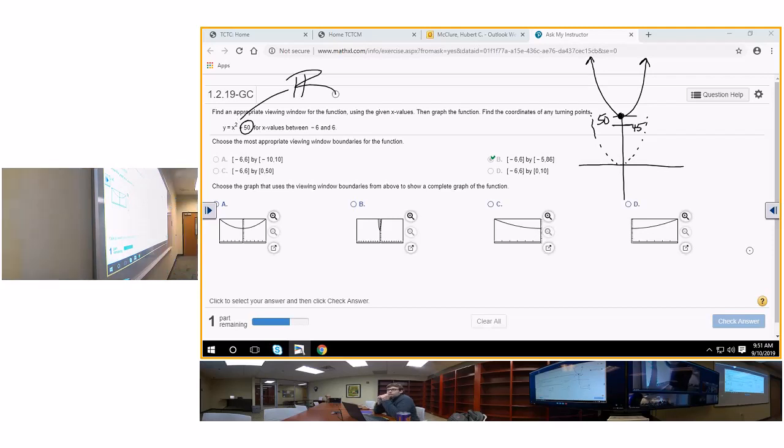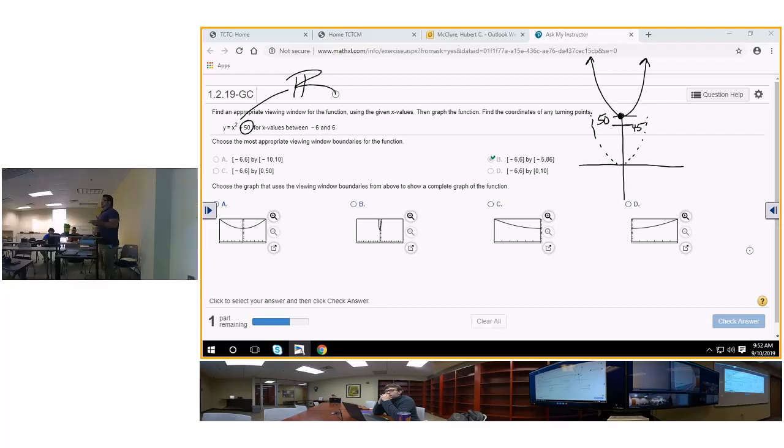All reals. So if you want to do -10 to +10, but your y is going to have to be what? 0 to 60. Okay? You could start it at 45 if you wanted to, but you're not going to be able to see it very well. 50, I would say probably 0 to 60 or 0 to 70, something like that.